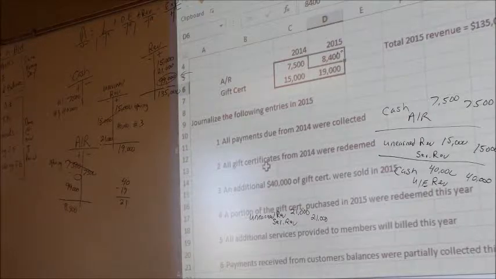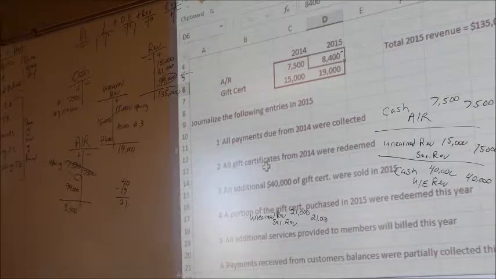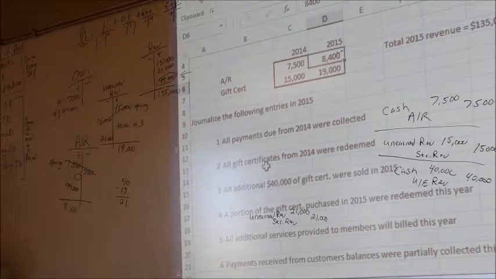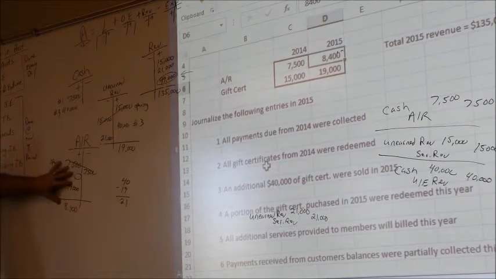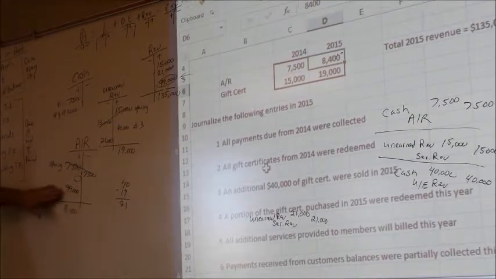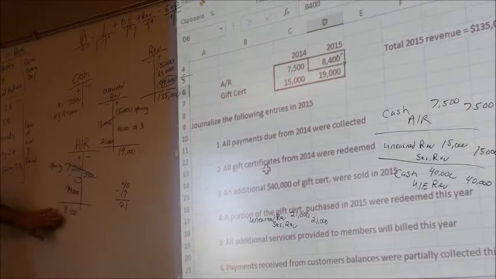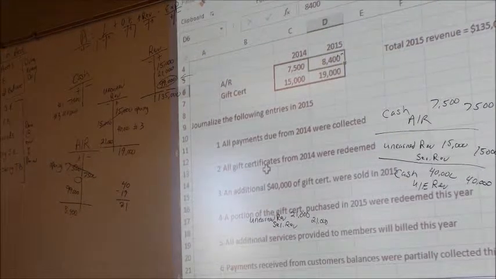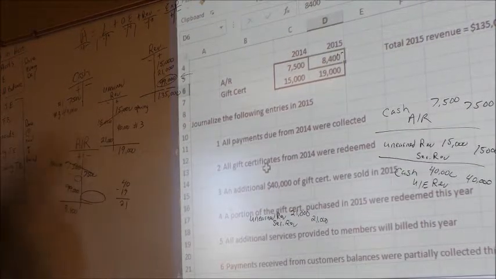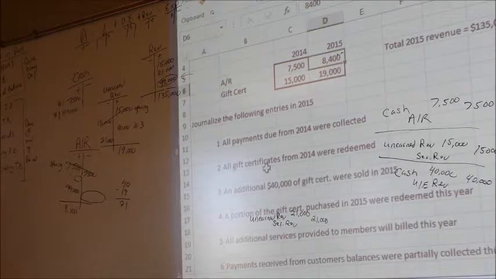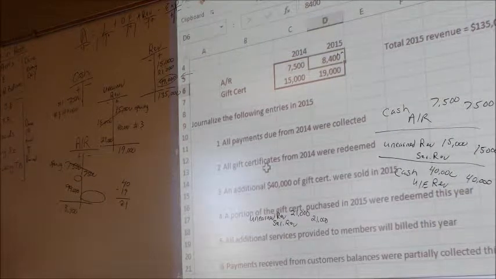And then the last one, payments received from customers were partially collected this year. So that tells me I went from customers owing me $99,000 to now they only owe me $8,400. I got quite a bit of money. What am I going to debit, and for how much?